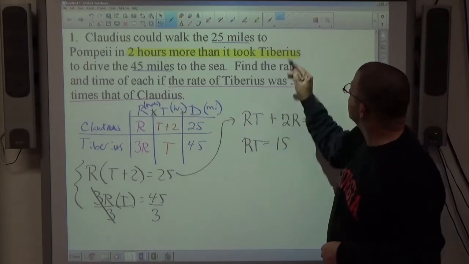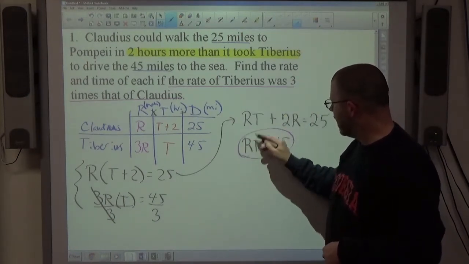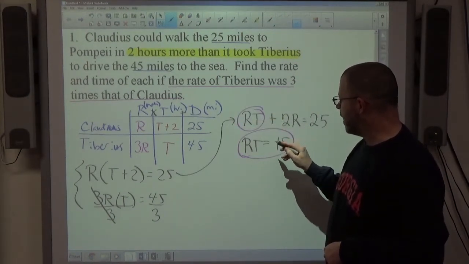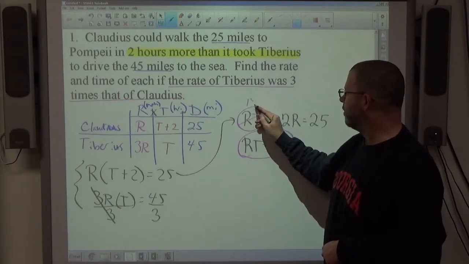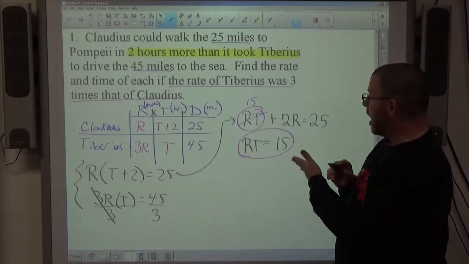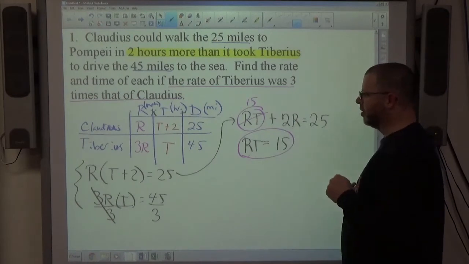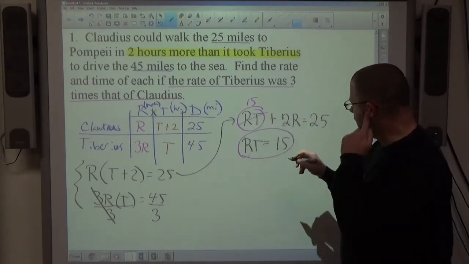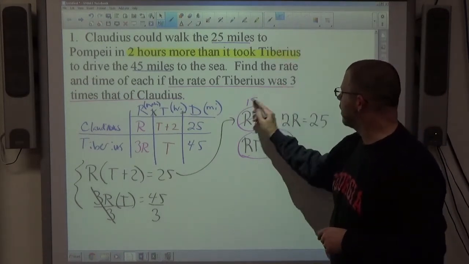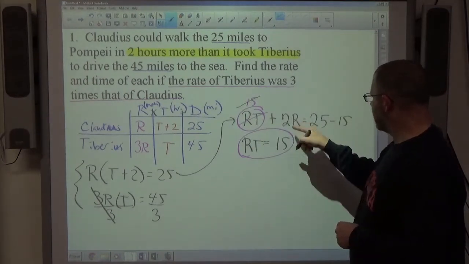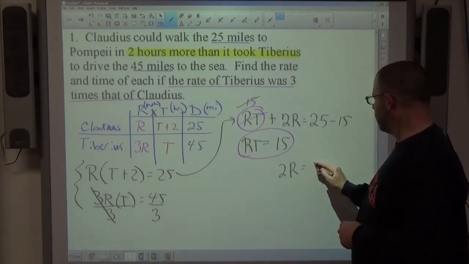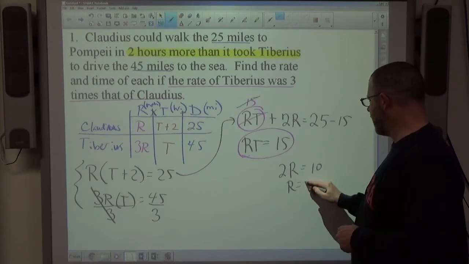And if rt is equal to 15, and rt lives in the other equation, I can replace this rt with a 15, because they're equal to each other. And now in the top equation, you can see the only variable left is r. So if I go ahead and finish solving this, I move the 15 over to the other side, minus 15. That gets me 2r is equal to 10, so therefore r equals 5.